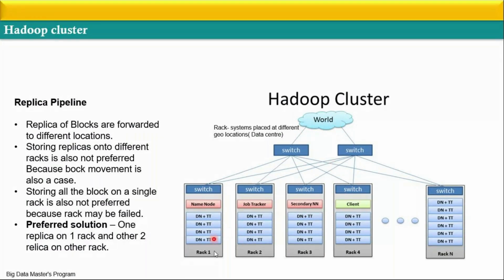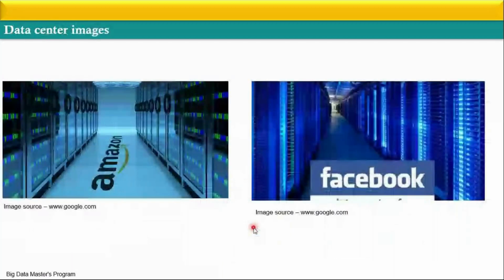You can think of it this way: we can see these racks inside one data center, but it might be possible that one rack is available elsewhere.